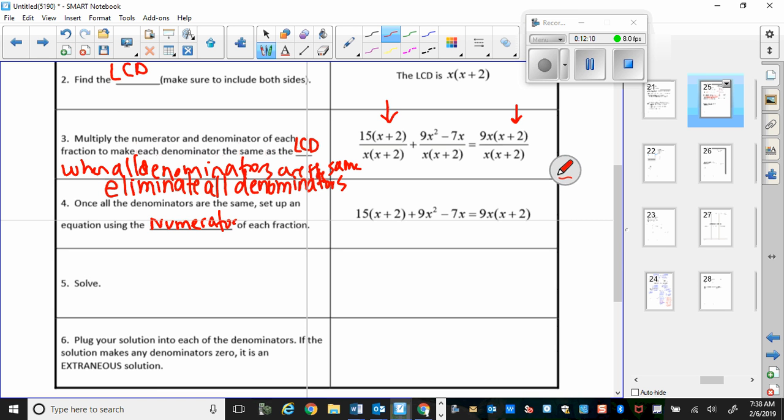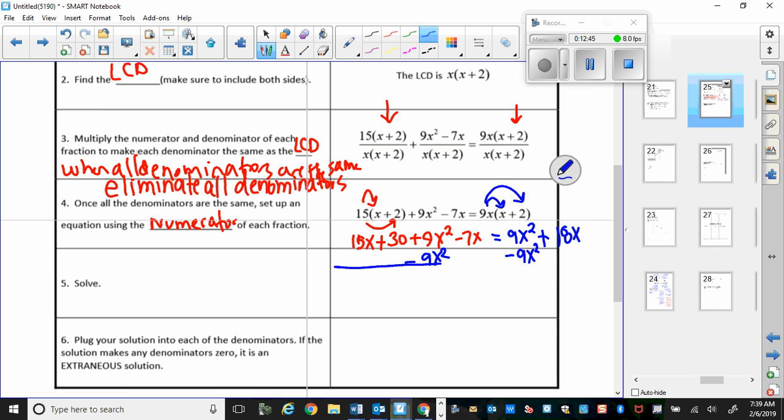All right, so the first thing we're going to do is to distribute. So 15 times x is 15x, plus 15 times 2 is 30, plus 9x squared minus 7x. That's the left-hand side. On the right, distributing, I have 9x squared plus 9x times 2 is 18x's. All right. Now, I'm going to simplify. I'm going to subtract 9x squared on both sides from those terms.